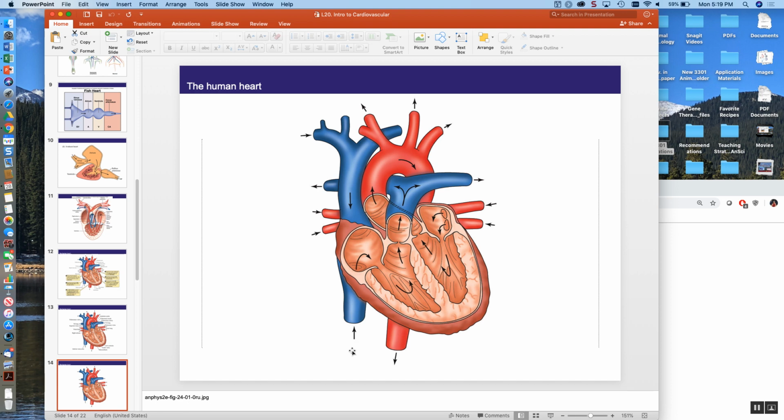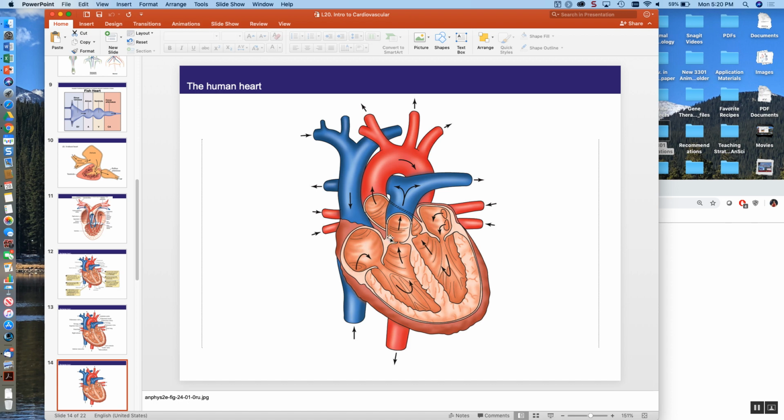Blood is going to return to the heart by the superior and inferior vena cava. So the superior one is the one that's more anterior towards the head. The inferior is coming up from the feet, the lower part of your body. So deoxygenated blood is returned to the heart to the right atrium.